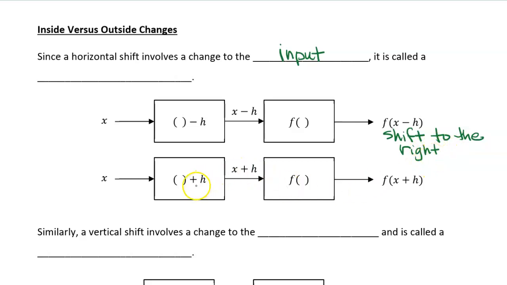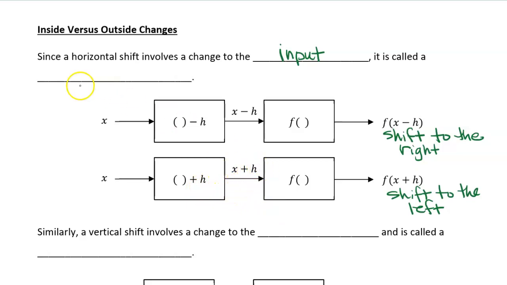If we take an input and add something to it right off the bat, it's going to take less input to get the same amount of output. So it's going to shift the graph to the left in the negative direction, because it takes less input to achieve the same amount of output if we're adding a constant to it right off the bat.